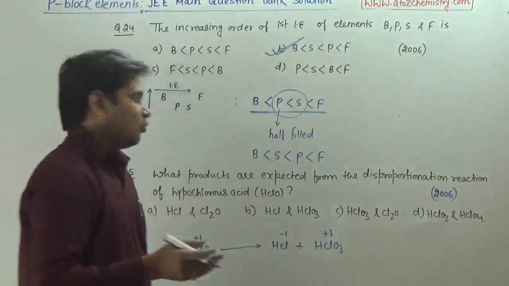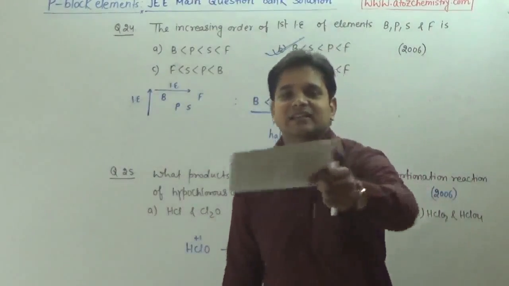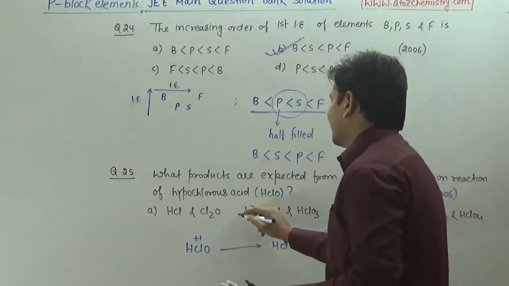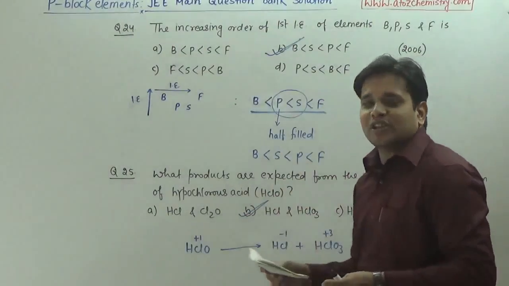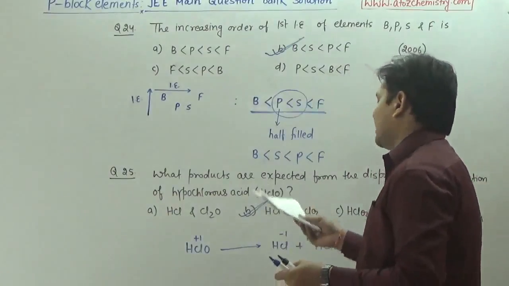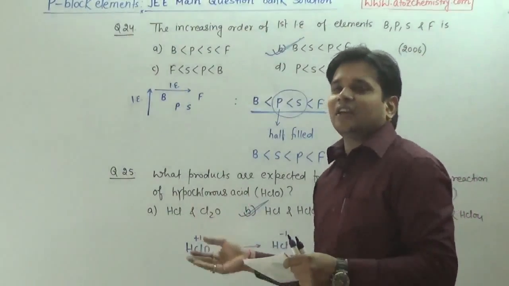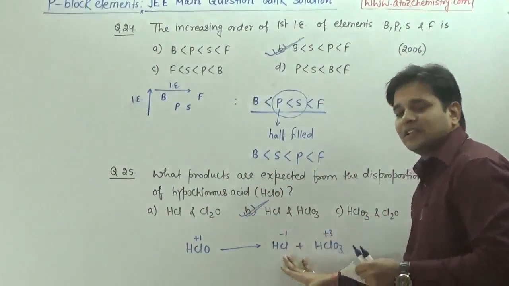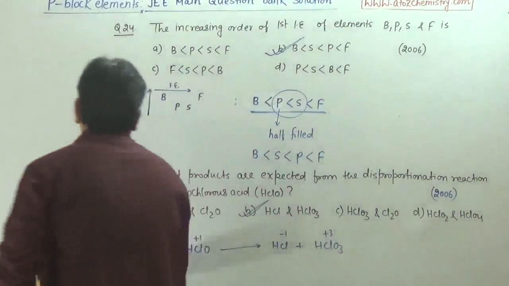Disproportionation means that in one case the oxidation number should decrease, and in another case it should increase. The only option given here is HCl and HClO3. So the correct answer will be B.